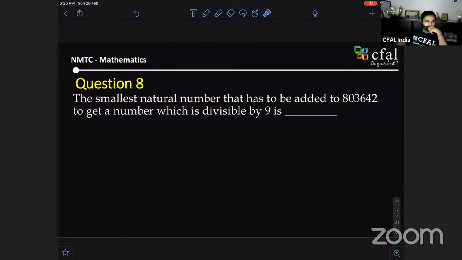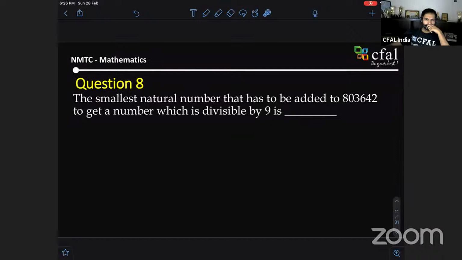Sir, it's showing that you can't chat with CFAL India during this meeting. Sir, you are supposed to go to the chat and re-click on your name, only then we'll get it. Somebody change the host. It works for me. You have to re-click on the name.